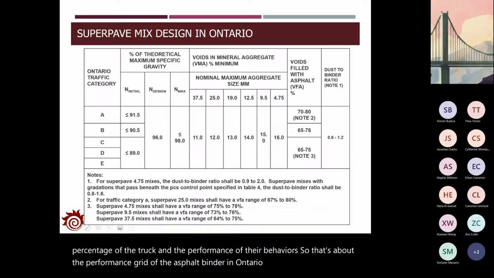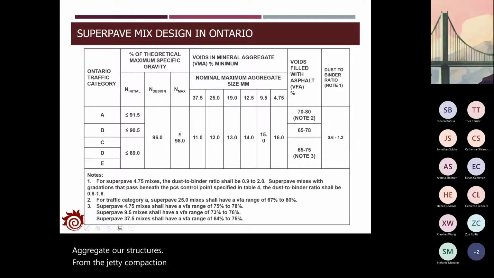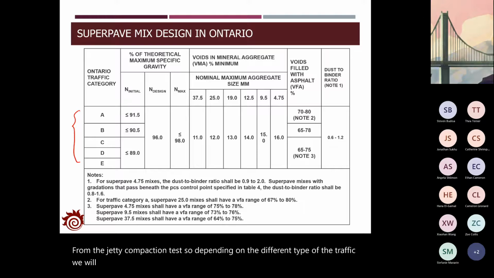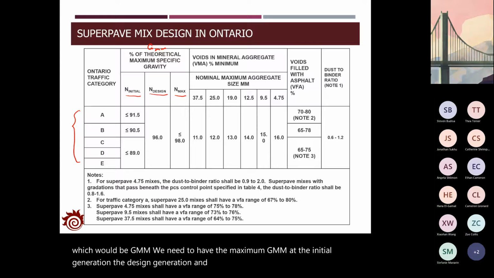And we also have some more information about the aggregate structures from the gyratory compaction test. Depending on the type of traffic, we will specify the percentage of the theoretical maximum specific gravity, which is GMM. We need to have the maximum GMM at the initial gyration, the design gyration, and the maximum gyration. And we also have specific voids in mineral aggregates, VMA.